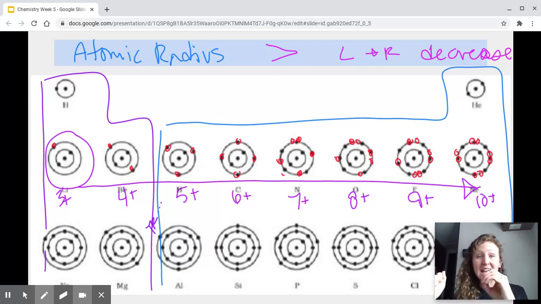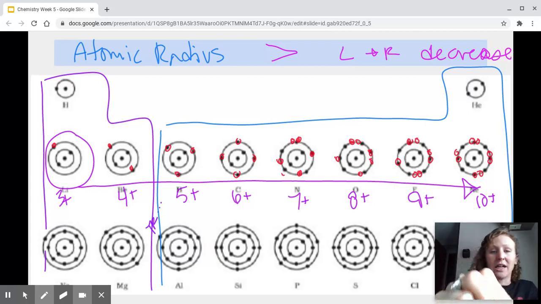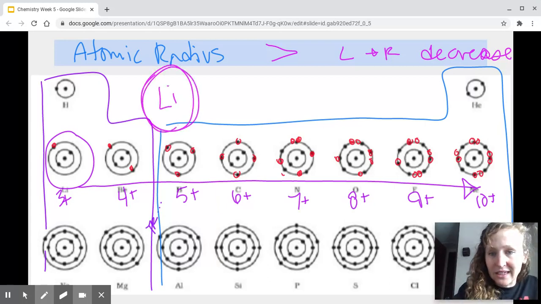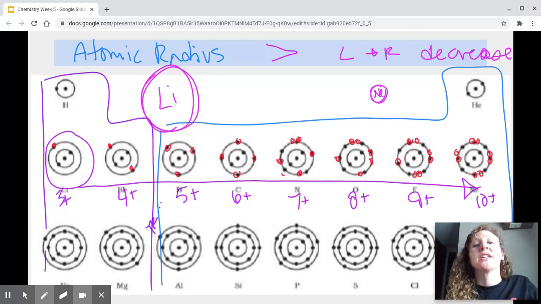Neon has 10 protons. And so 10 protons is going to be a much stronger attraction to those electrons than 3 would be. And so it can pull those electrons a lot closer, and neon's actually a lot smaller than lithium. It kind of looks like this. If lithium is here, neon is there. More protons, more attraction, smaller radius.